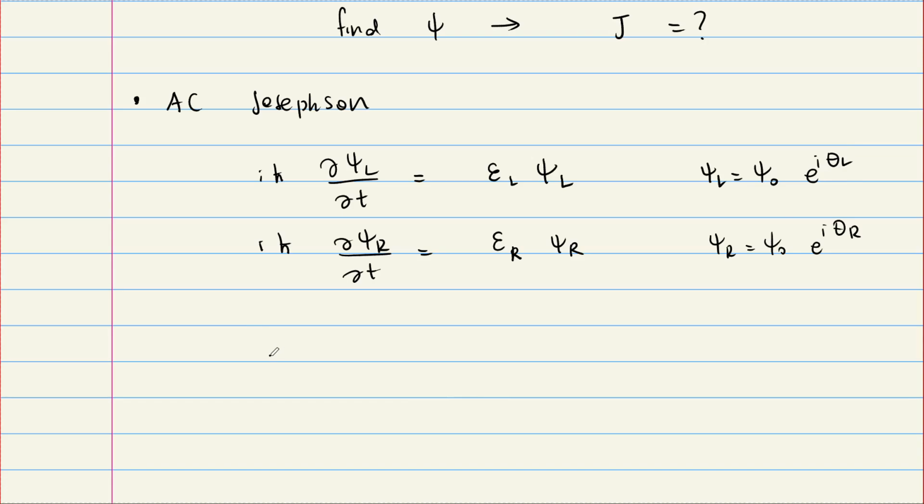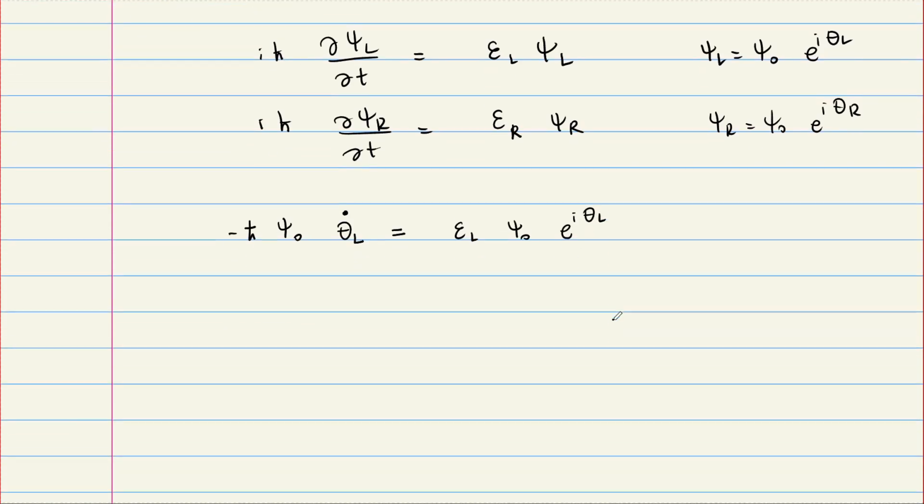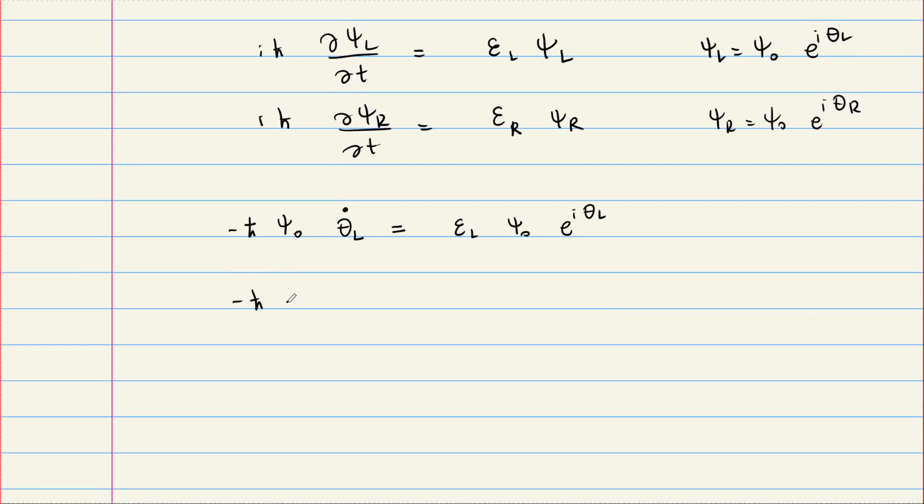And this thing is going to give me psi 0 times minus h bar theta left dot is equal to E left psi 0 e to the i theta left, and similarly minus h bar psi 0 theta right dot is equal to E right psi 0 e to the i theta right.